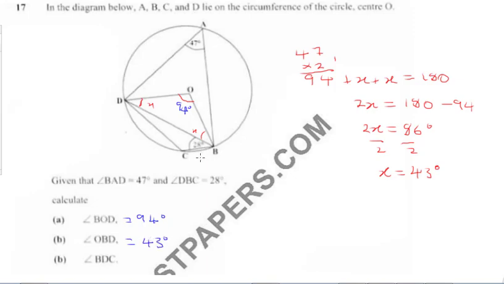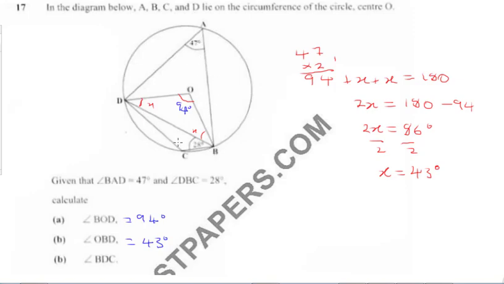And the last one is BDC. You can pause the video and give BDC a try. To find BDC, remember the concept of cyclic quadrilaterals. We said when you're dealing with cyclic quadrilaterals, angles opposite each other add up to 180 degrees. Do you see any cyclic quadrilateral? Yes, we've got A, D, C, B. This is a shape with 4 sides: side AB, side AD, side DC, and side CB.